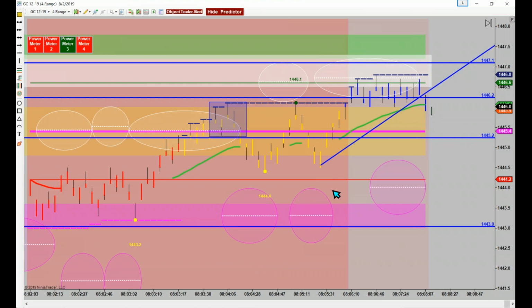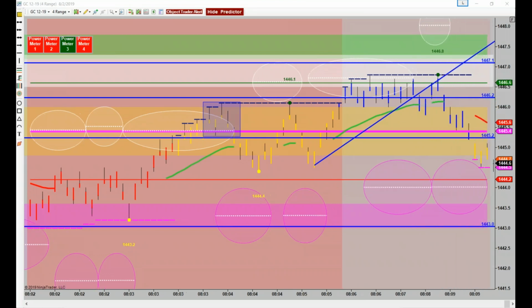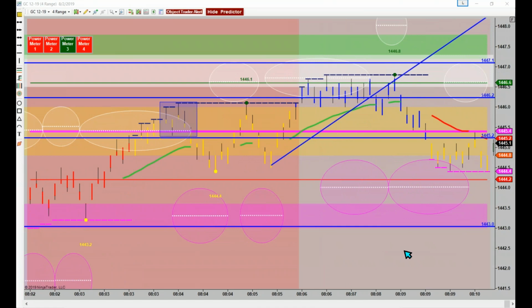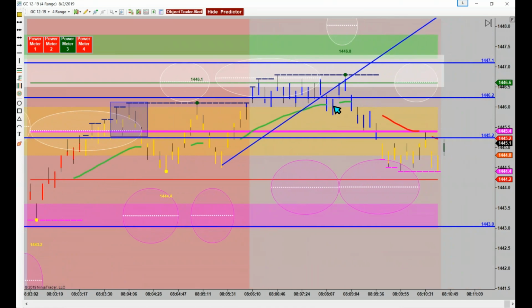How about that? See if it worked. Didn't take you out, made you feel some heat. Now this is one of those ones that basically, if you took this on this bar close, on that little reversal right there, and you put your stop at the swing, they never got you, but you definitely felt some heat on that one.